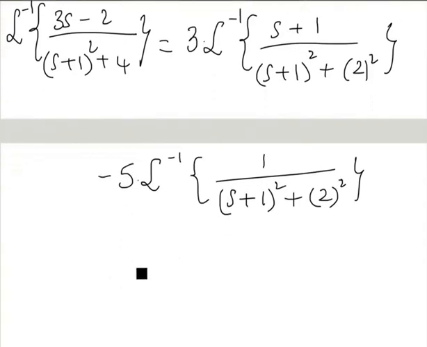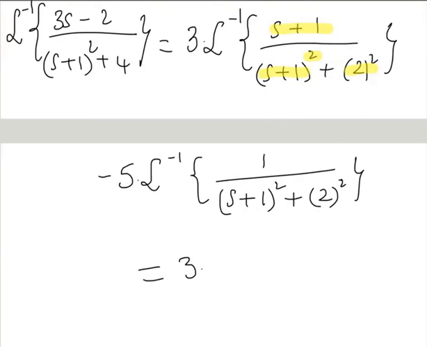So using the table, what is the answer? We have 3 times, for the first fraction, (s plus 1) over (s plus 1) squared plus 2 squared. So this is s minus alpha divided by (s minus alpha) squared plus beta squared.